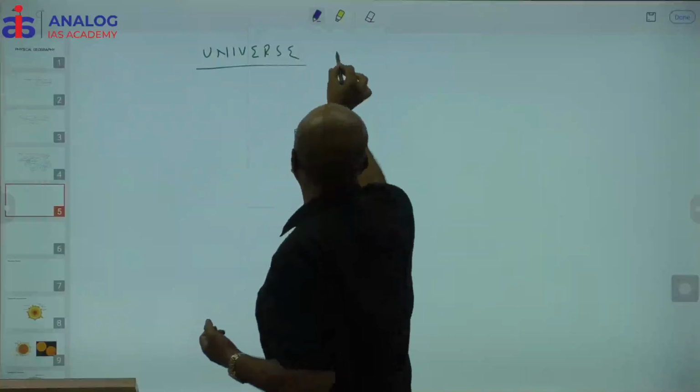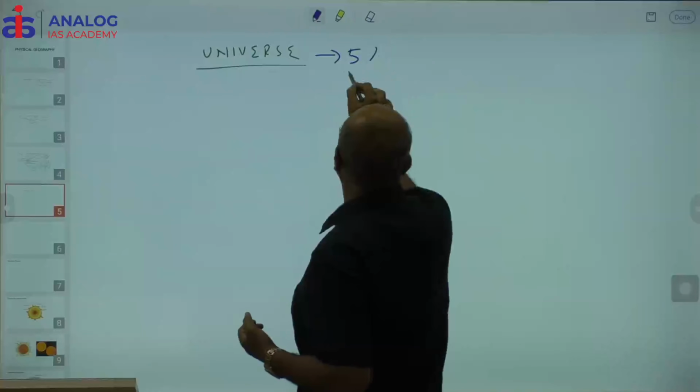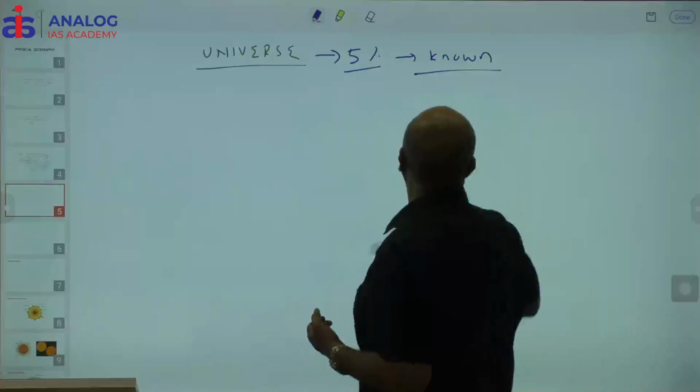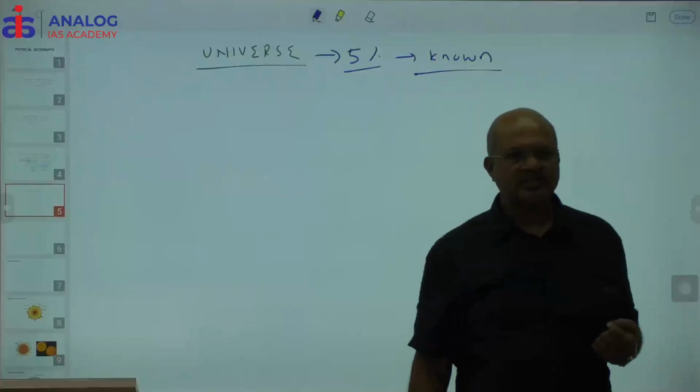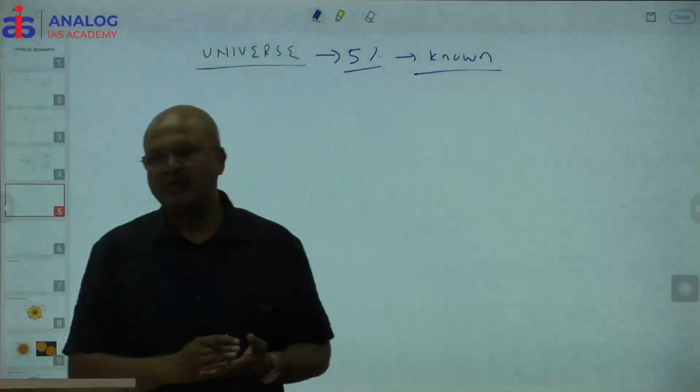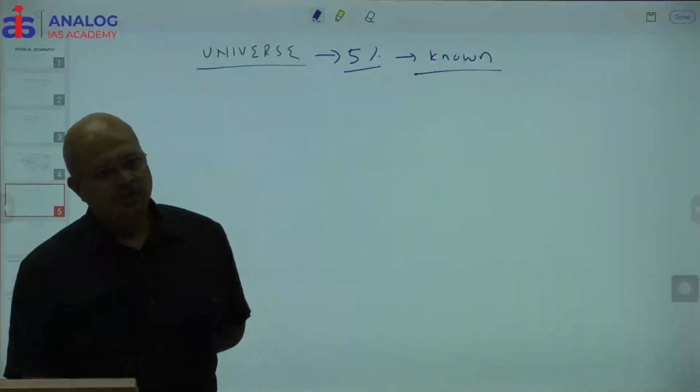Whatever data we are having about the universe, what percentage of universe is known? Only 5% of universe, based on our physics, based on our mathematical calculation, only 5%.